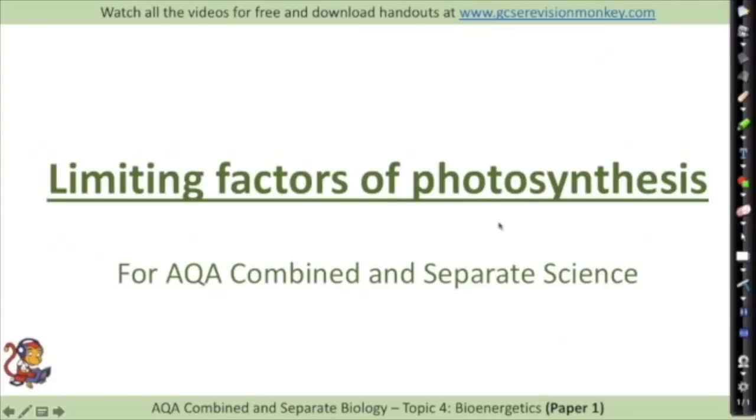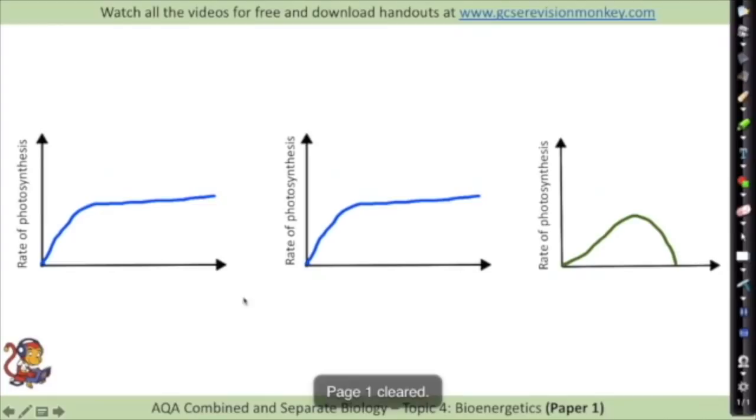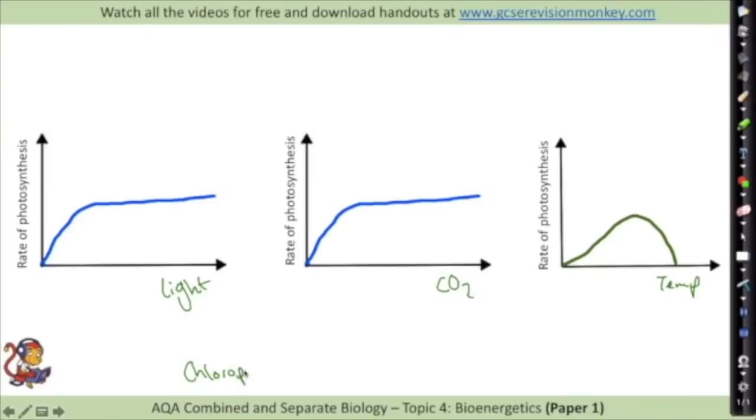There are several factors that can affect the rate of photosynthesis that we call limiting factors. Those three limiting factors are light, carbon dioxide levels, and temperature. Those are the main ones, but also the green pigment, chlorophyll, is a limiting factor that can affect how much photosynthesis takes place in the plant.